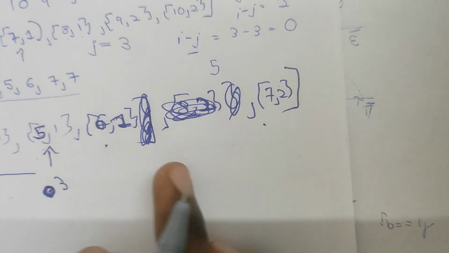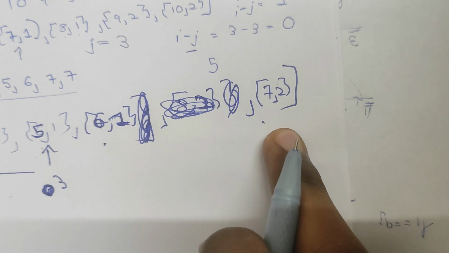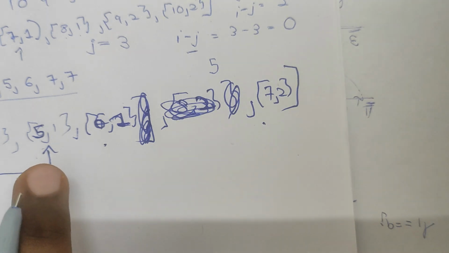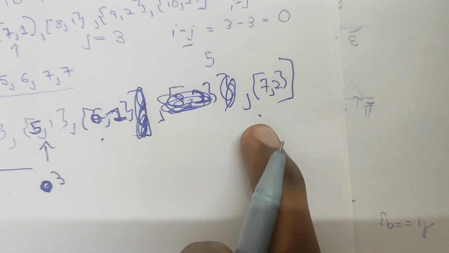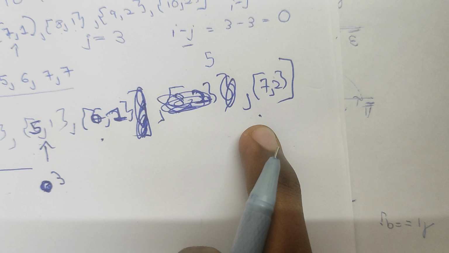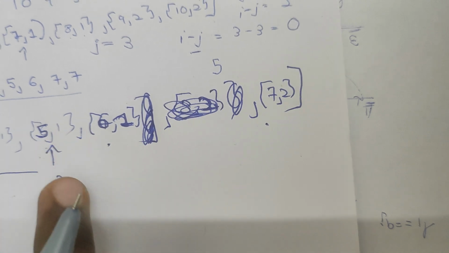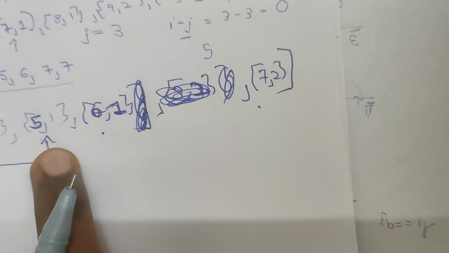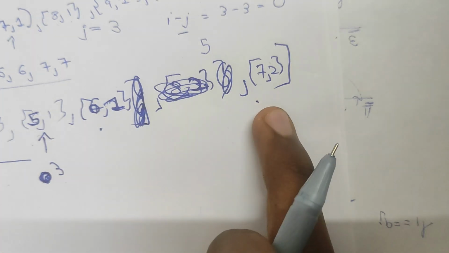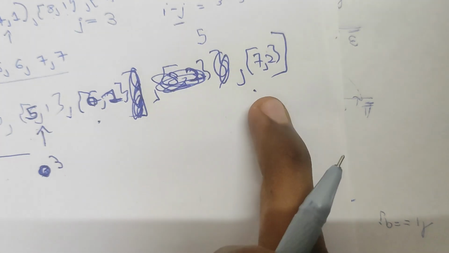If you were not going to pick this value and not going to pick this value, it would have been better to pick this value, because anyway you are not picking the others. The bad thing about picking this value is that you will not be able to pick this value and this value.